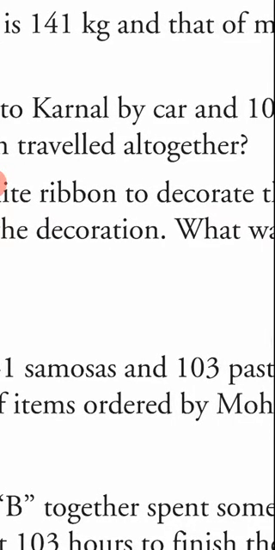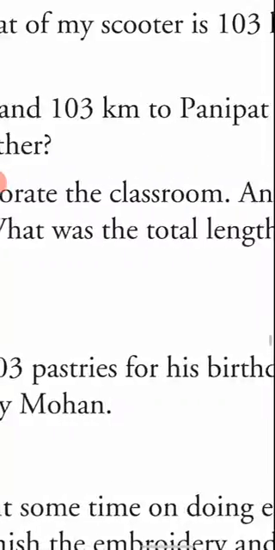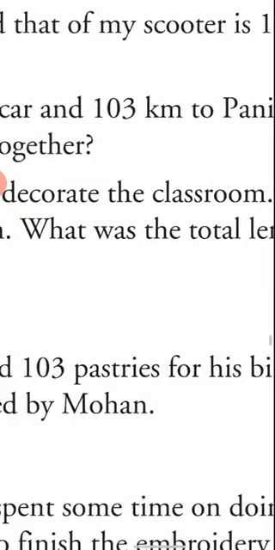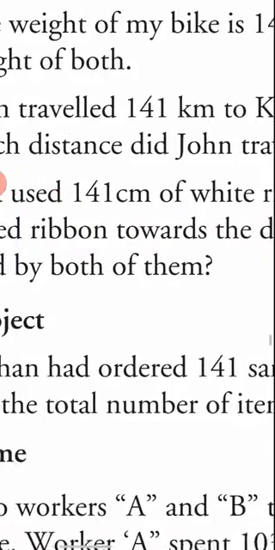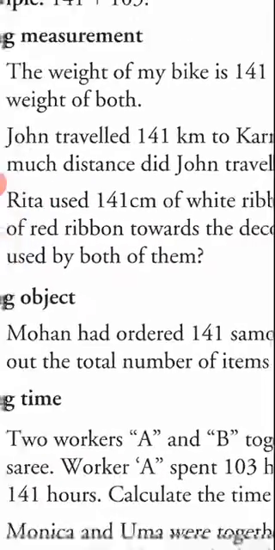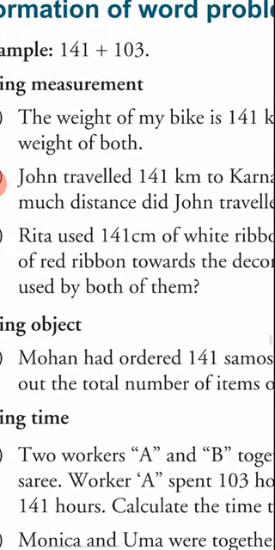Means the distance is given that John travelled by car and by bus. Now the distance that he travelled in total, because here you have 141 plus 103, that means you have to add, you have to make a sum.